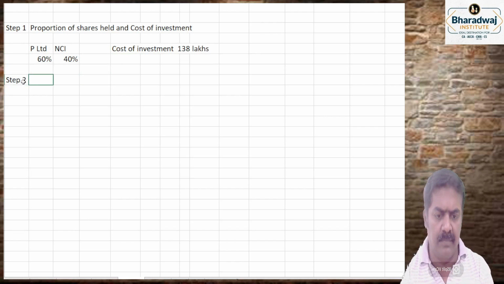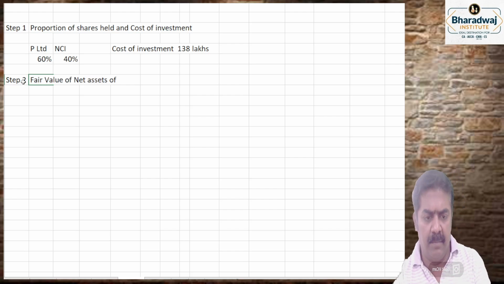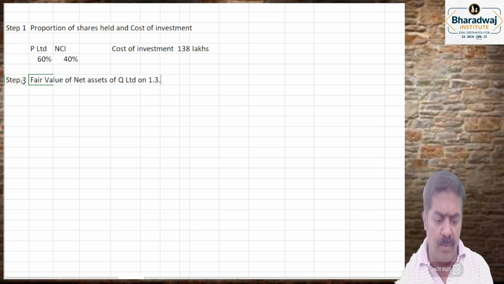Step 2. Fair value of net assets of which company? Q Limited on 1/4/2021. That is when the shares are acquired. I hope we are given fair values of assets.